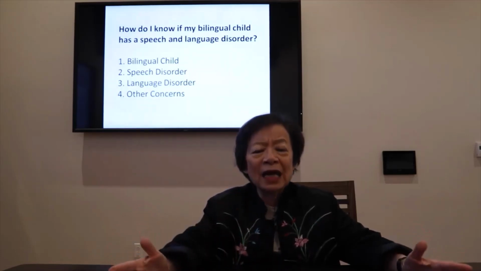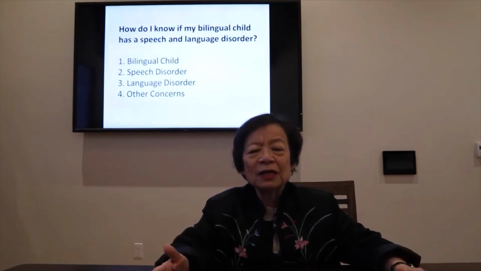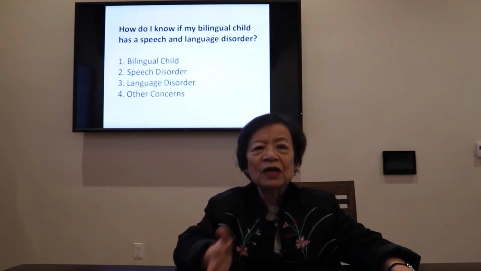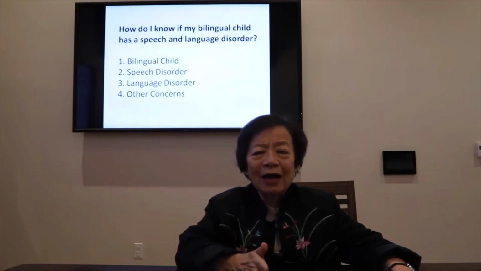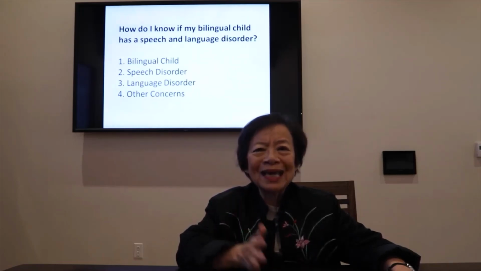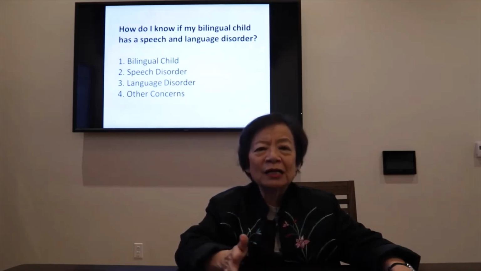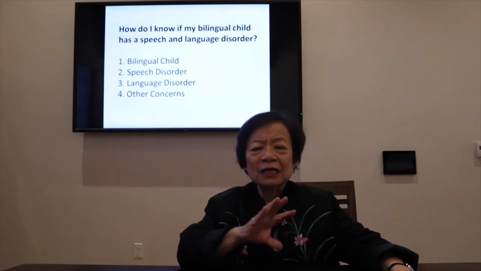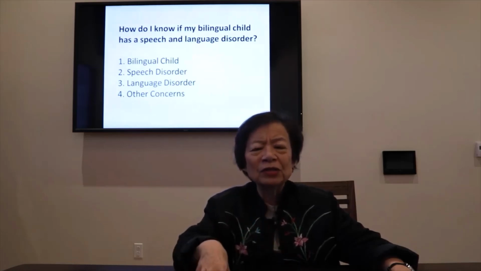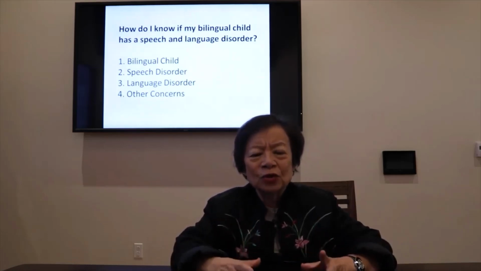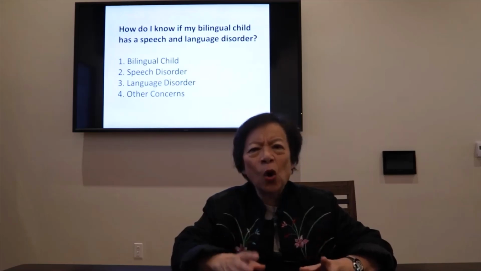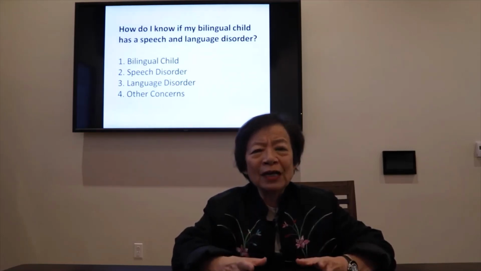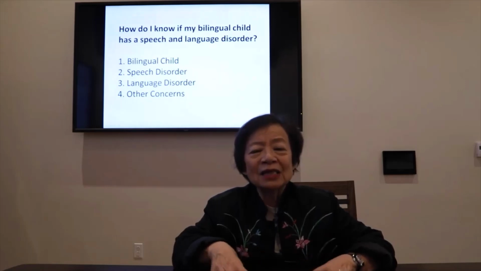Now, in the case of a bilingual child, if this bilingual child has a language disorder, then he or she will have a language disorder in his or her native or home language. So it is very clear to me that it is not possible for a person who has a language disorder to exhibit that disorder only in the home language or only in the school language.